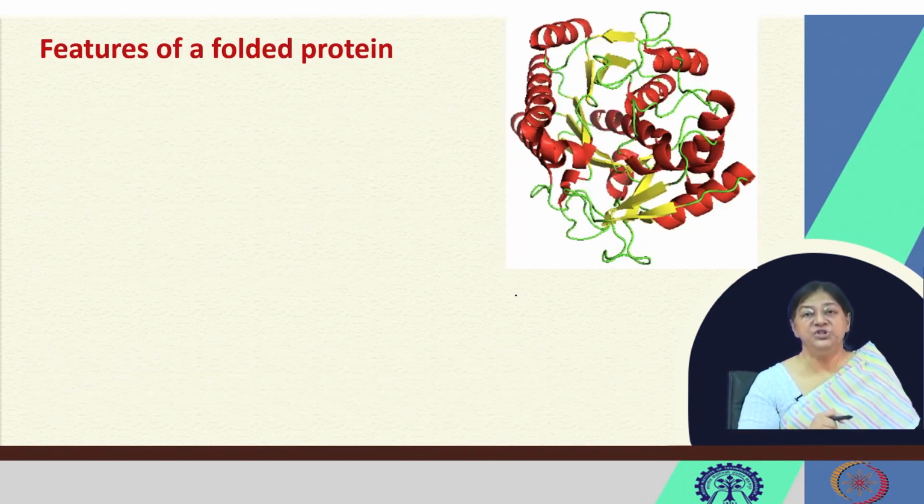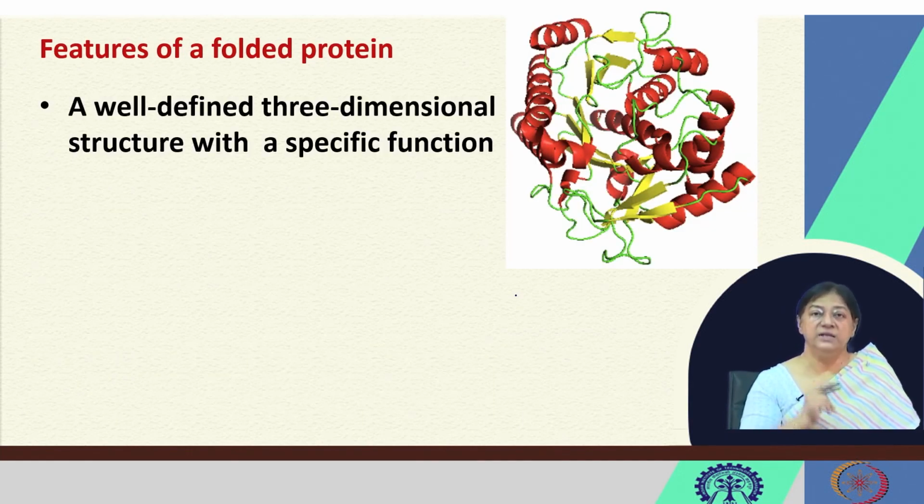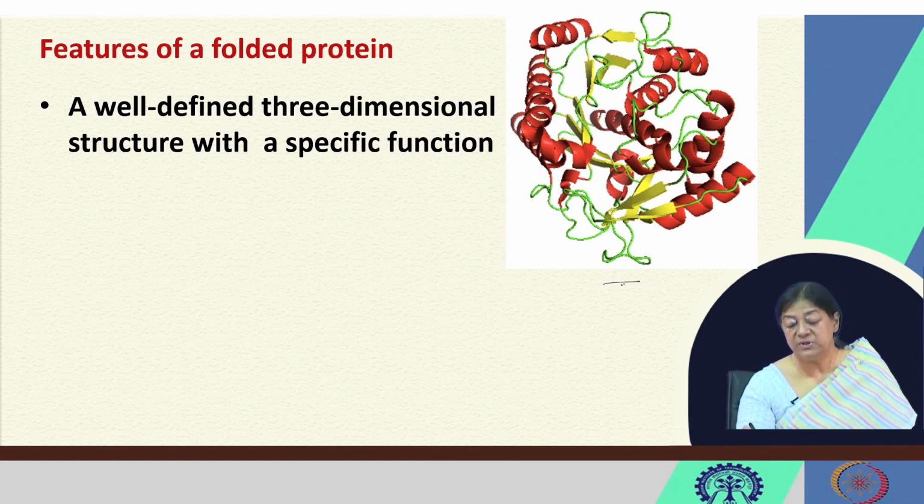So, if we look at the features of a folded protein, what are these features? The features are that there is a well defined three-dimensional structure with a specific function. So, this primary sequence that comprises this particular protein shown on the right here is a long polypeptide chain with different amino acid residues linked by peptide bonds, but it has folded into this particular structure.